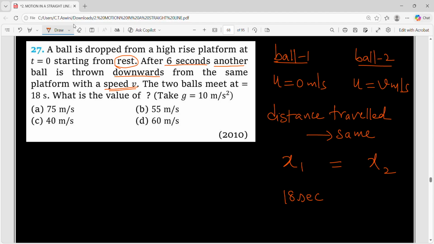It is starting its journey after 6 seconds because second ball is thrown after 6 seconds. That means it will take a time of 18 minus 6, that is 12 seconds. Clear with this? To travel the same distance, first ball is taking 18 seconds, whereas second ball is taking 12 seconds. Now concept is clear. So equate the distance traveled by them.